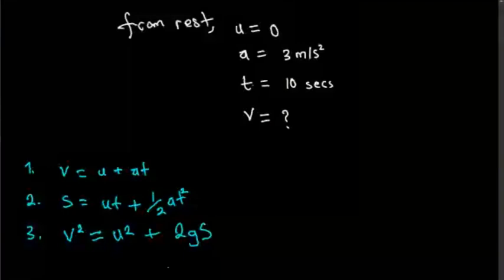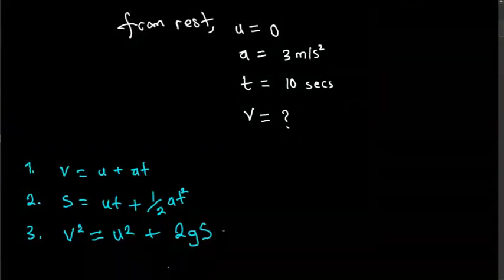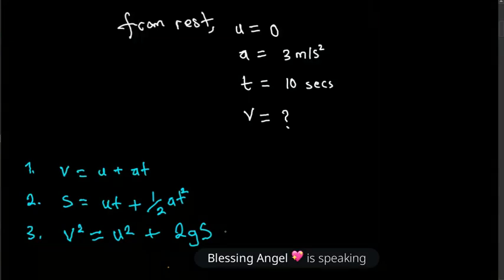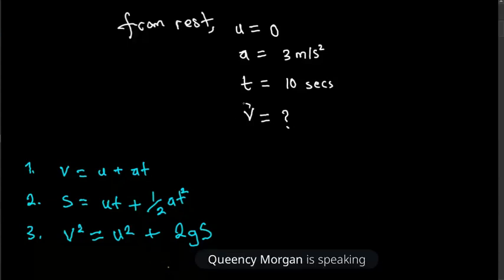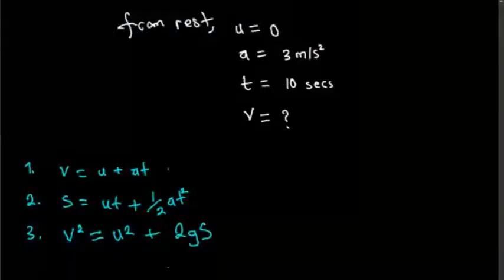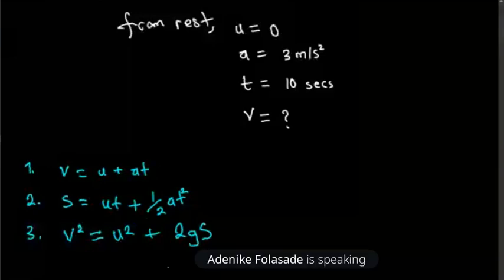We are looking for V, so we have to use an equation that has V inside. Give me feedback. Are you with me? Yes, sir. Does this first equation have V inside? Yes, sir.